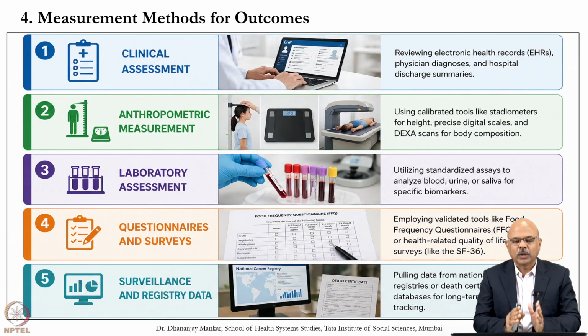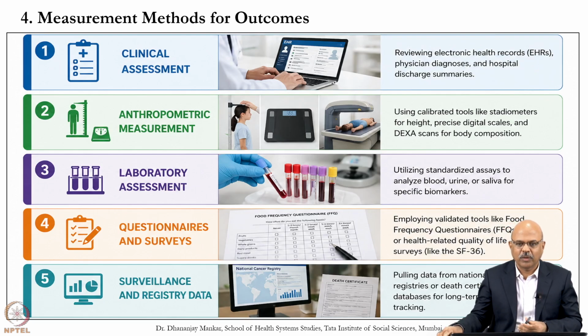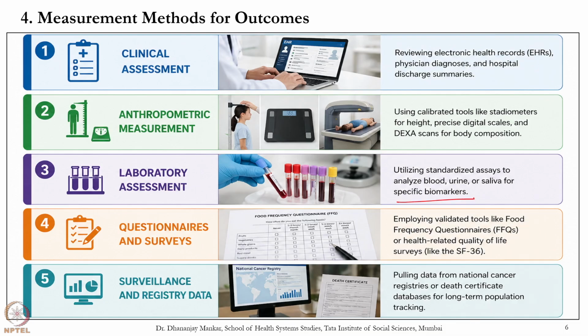Laboratory assessment uses standardized assays to analyze blood, urine and saliva for specific biomarkers. Questionnaires and surveys employ validated tools like food frequency questionnaires, which are very important for understanding the outcome of the interventions that have been done, and health-related quality of life surveys like the SF-36.